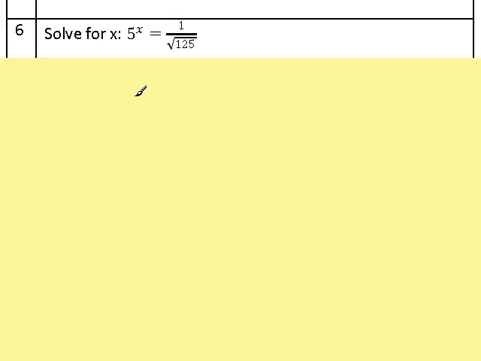In number 6, we want to do the same type of thing. Okay, so let's write both sides in terms of base 5, because 125, that is 5 cubed. All right, now let's write that square root as an exponent 1/2.